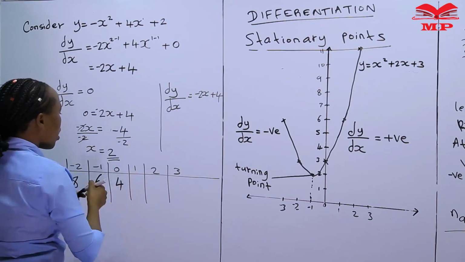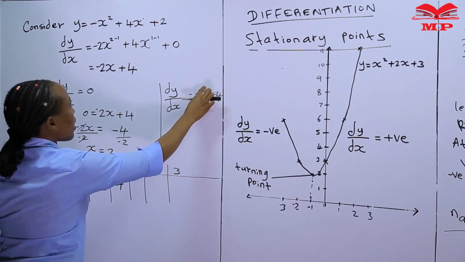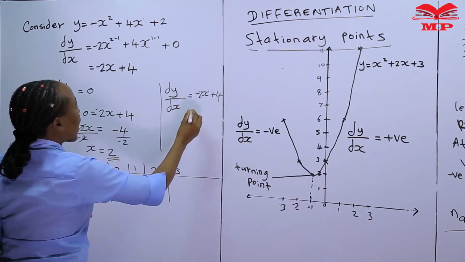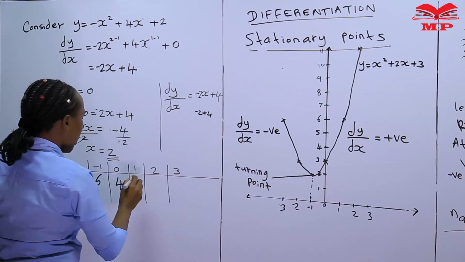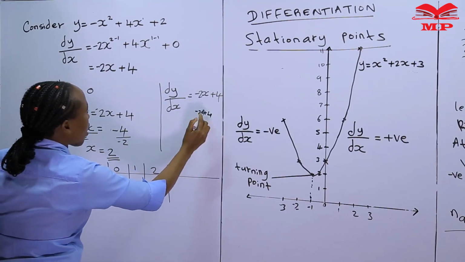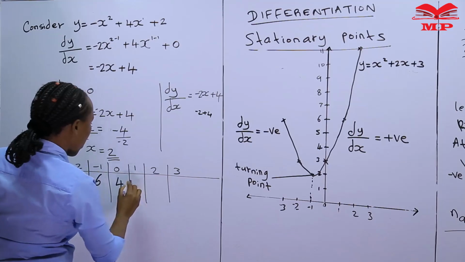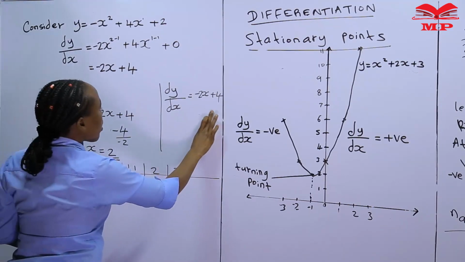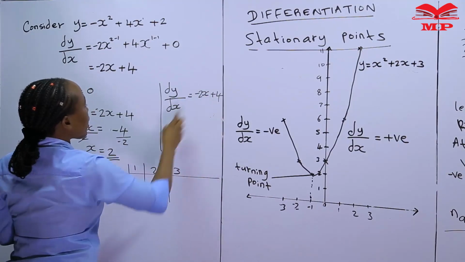We have 4. Then when we have 1, we'll have -2 times 1, that is -2 plus 4. That is plus 4, we are going to have 2. Then when we have 2, this one will be 2 times -2.